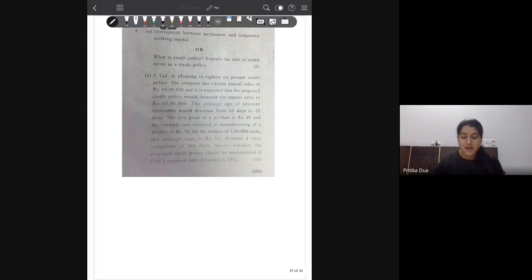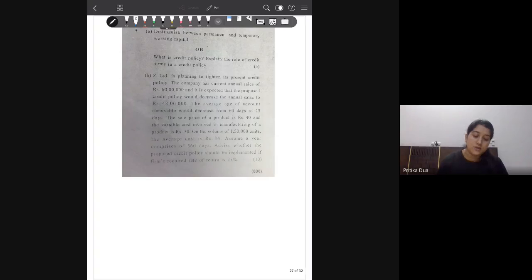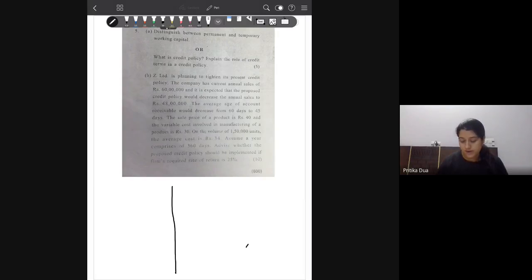Zee Limited is planning to tighten its present credit policy. Existing sales are 60 lakh, while the proposed credit policy will decrease the sales to 48 lakh rupees. So, which means you have two case scenarios.